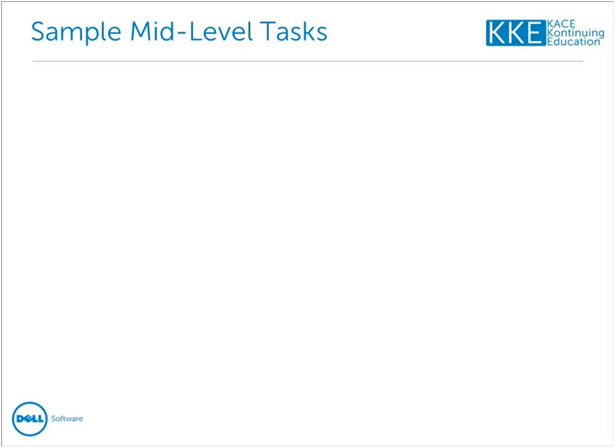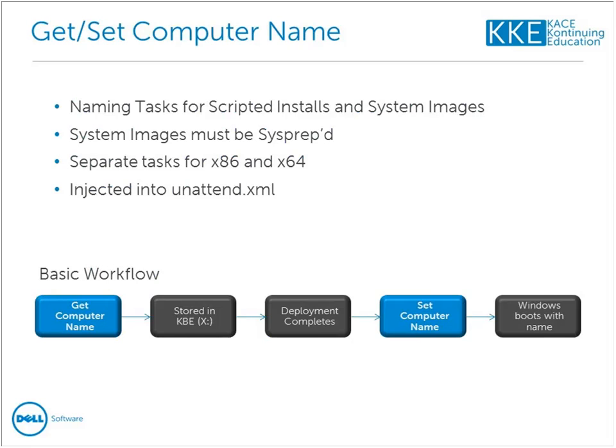Okay, so let's get some more detail here. Get set computer name. Now, get computer name is a pre-installation task, and that will run before your deployment begins, before you partition and so on. I don't want to focus too much on get computer name, because that's obviously a pre-installation task, but it goes along with set computer name.